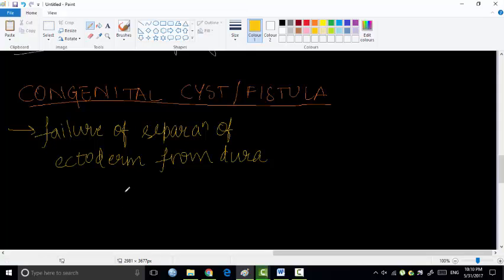If there is failure of separation of this ectoderm from dura during development, as the ectoderm isn't separated, and this ectoderm is nothing but the skin, this skin is entrapped in the prenasal space.